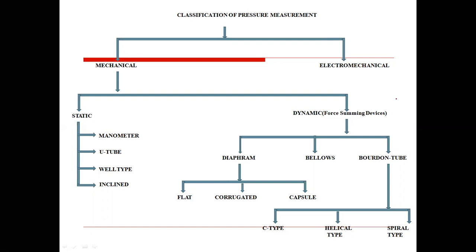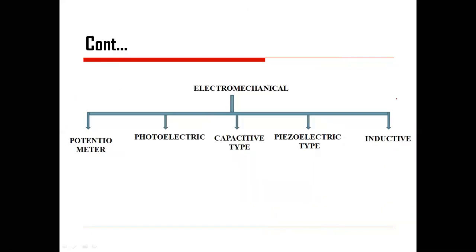So this is mechanical type of pressure measurement, whereas in electromechanical type of pressure measurement, this can be commonly used for higher pressure measurement also. That is nothing but potentiometer, photoelectric, capacitive, piezoelectric, then inductive type.